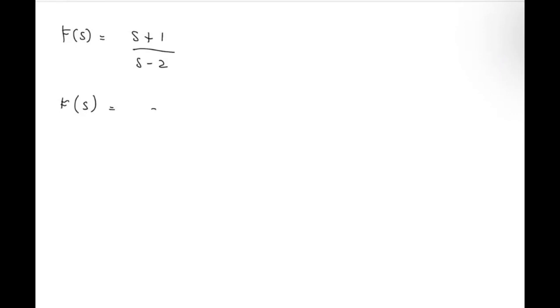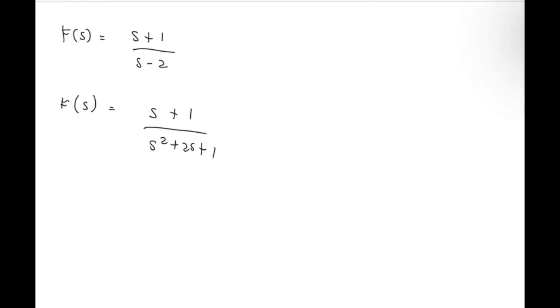For example, s plus 1 over s squared plus 2s plus 1. This is a rational function, because the power of s in the numerator is less than the power in the denominator. So if we have a function like this, then we may proceed to decompose it into partial fractions.